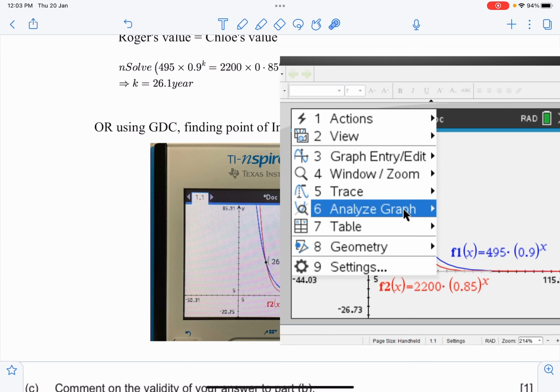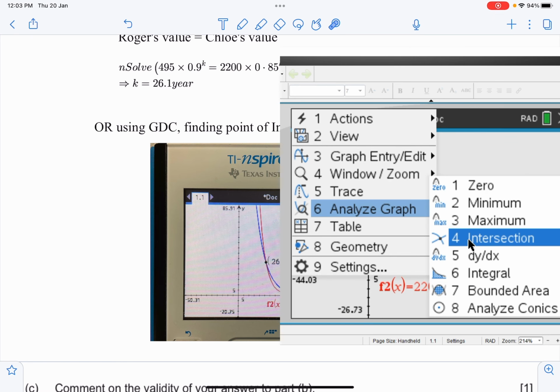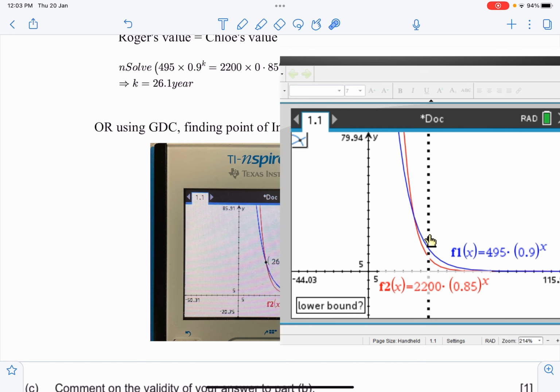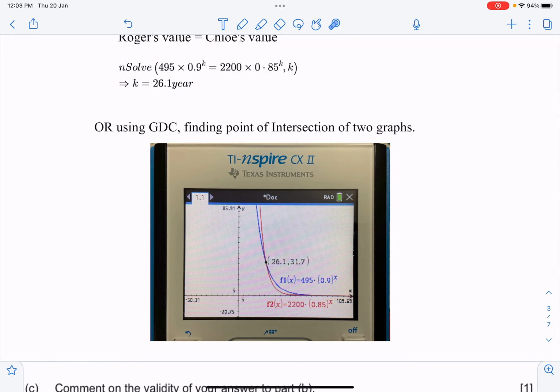I will put this vertical line at one end and take it to the other side and hover over it. It gives me this point of intersection, 26.1, 31.7. So this is my answer, 26.1 years, which is the answer by NSolve also.